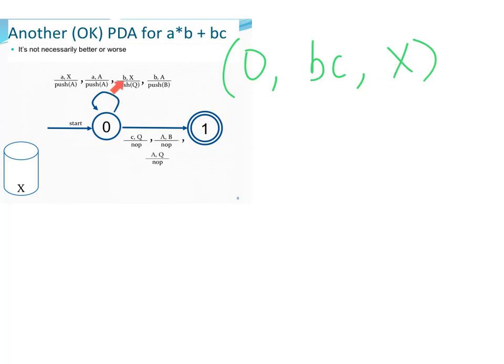So we're going to take this thing that says you have a B letter and an X at the top of the stack, and we're going to push Q. So we end up, and it's a loop, so we stay at 1. We have the letter C, and now our stack has QX on it like before.